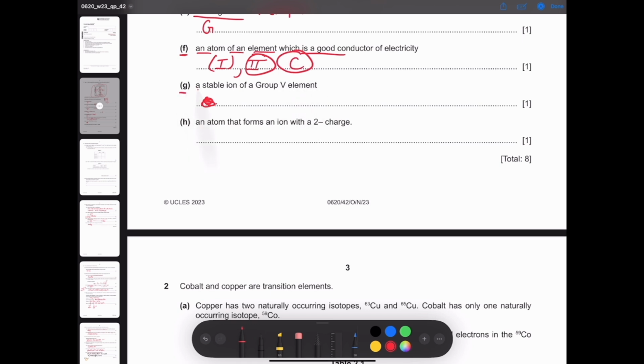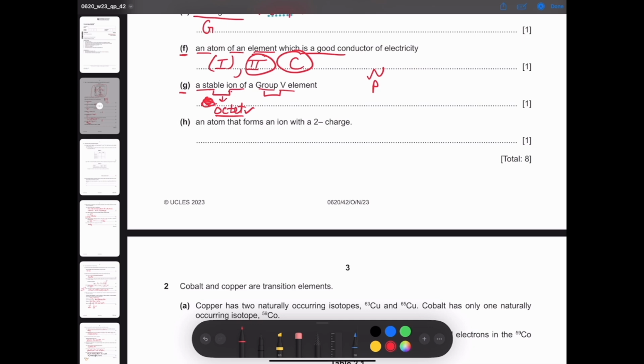Now the next part, a stable ion of group 5 element. This is a little bit good question. We can say not difficult. It's conceptual. Stable ion. What does stable ion mean? Stable ion means which has a complete octet, right? Now, when you're talking about group 5, you're talking about nitrogen, phosphorus, this group.